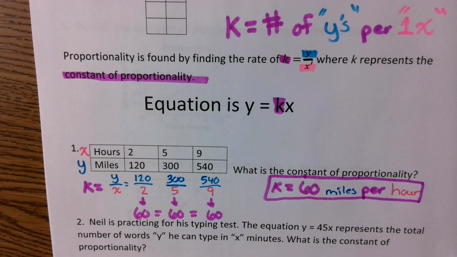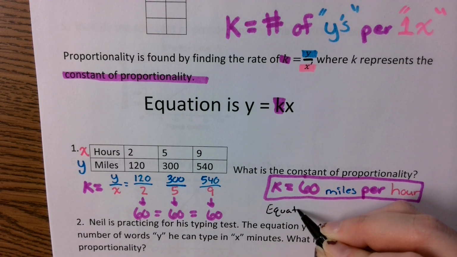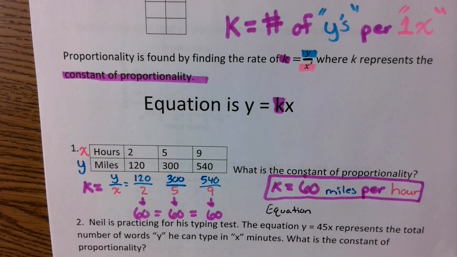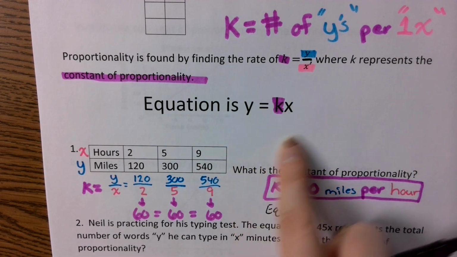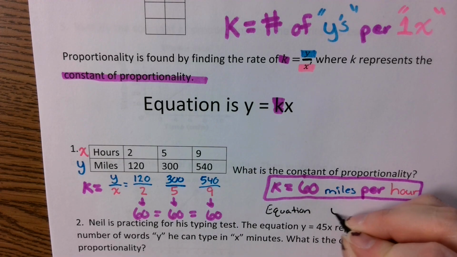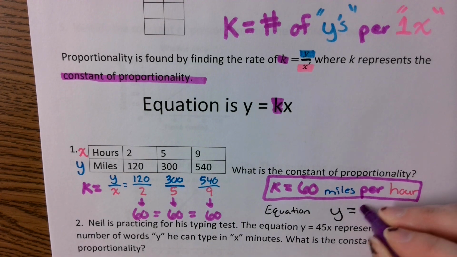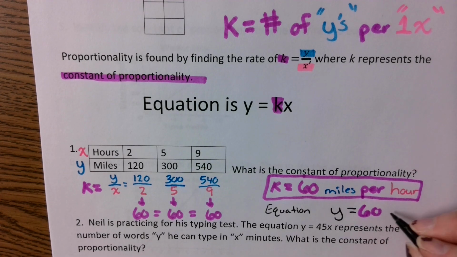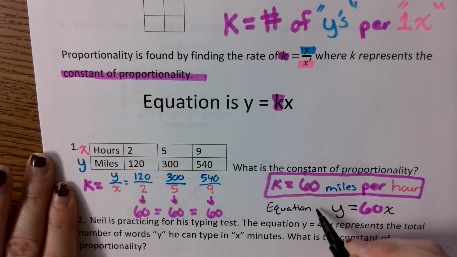Now, if I wanted to write the equation, because you're going to have to know how to set it up as an equation, we only have one value that we're plugging into our equation. So our equation is just y equals 60x. And then you're done. Y is equal to 60x.